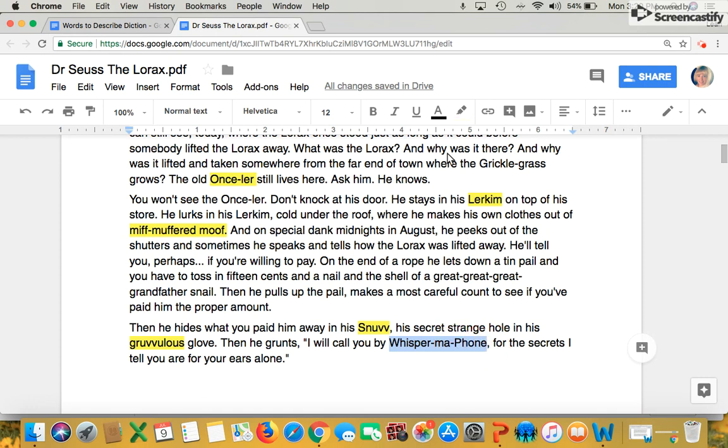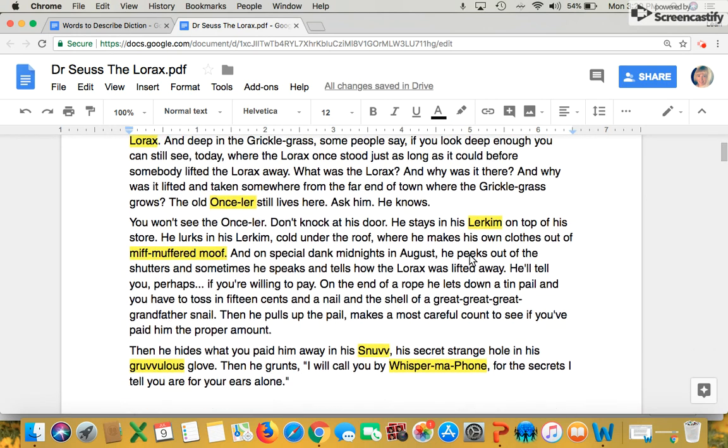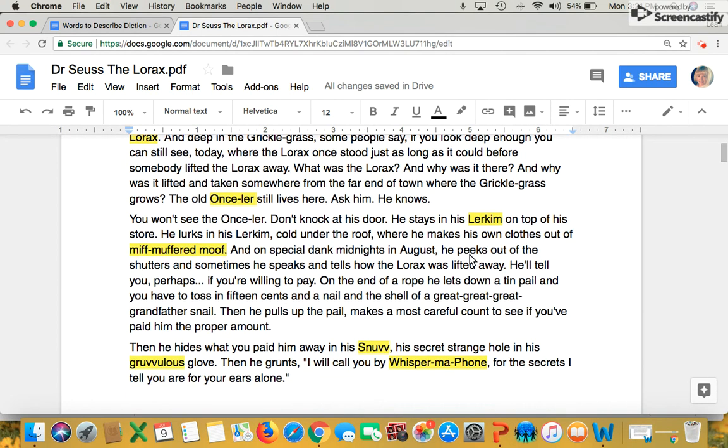I know what a phone is, but I'm going to highlight whisper-ma-phone because, again, it kind of stands out to me. So I look at these three paragraphs and I look at the collection of words that I've highlighted, and I have grickle grass, lifted Lorax, Onceler, lurkim, miff-muffered moof, snuvv, gruvvulous, whisper-ma-phone.